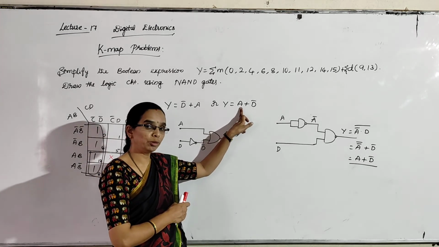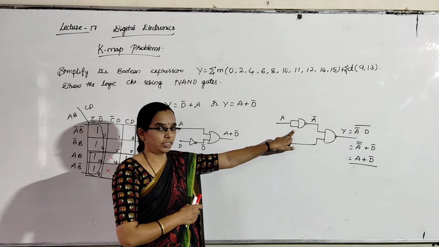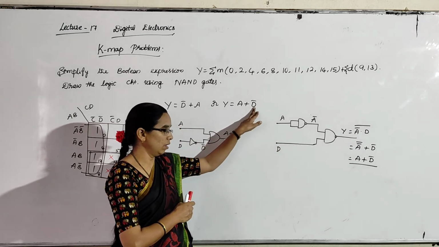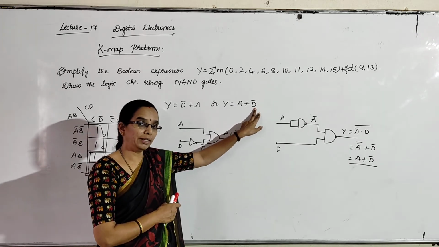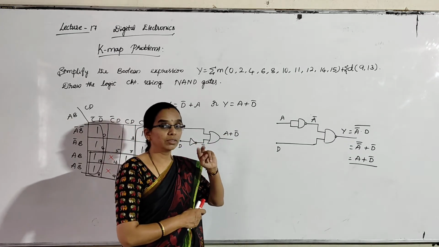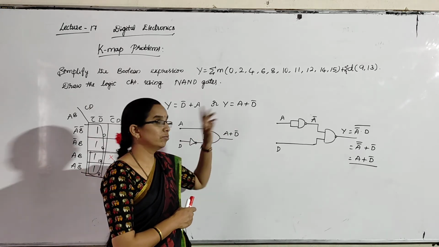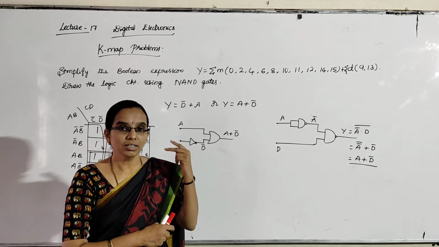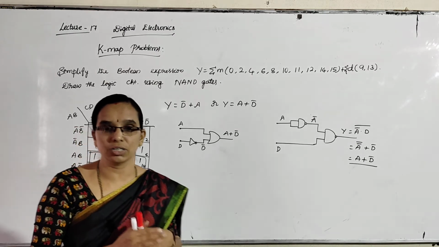Here it is uncomplemented, but it is a single variable, so I have to take an inverter using a NAND gate. If there are two variables in a single term and they are complemented, then we have to take the complement only. To distinguish even and odd, you make some logic of your own and try to draw the circuits.